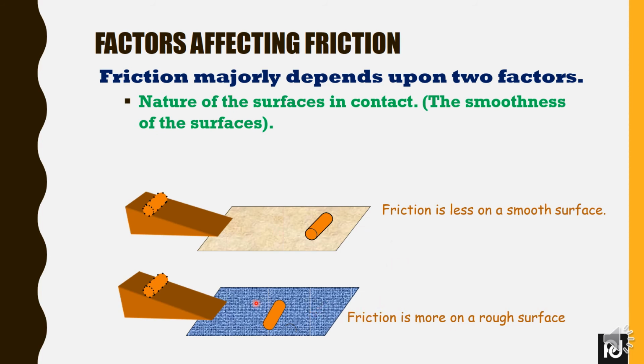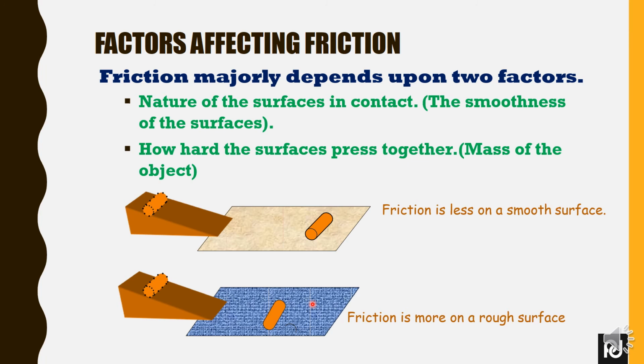We shall consider any cloth. So when this particular object will be rolling down, it will be able to cover a longer distance since the surface is smooth, compared to a shorter distance when the surface is quite rough. So that is the very first factor affecting friction, that is the nature of surface or the type of surface.